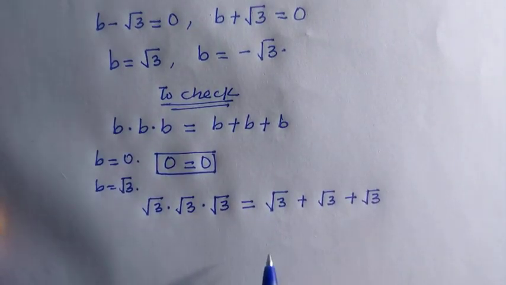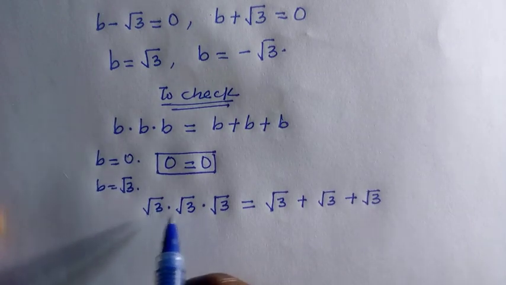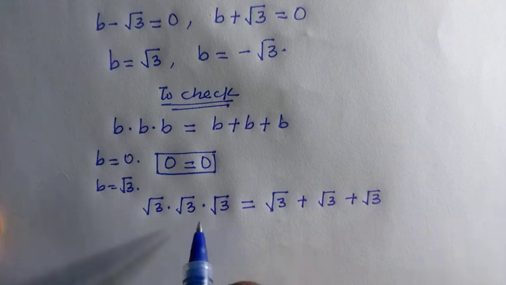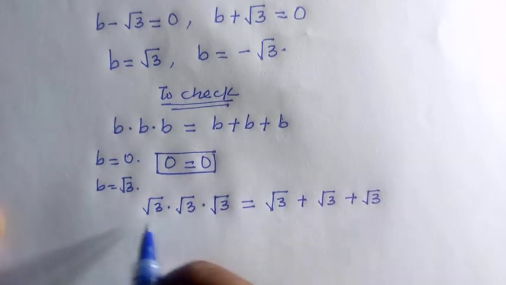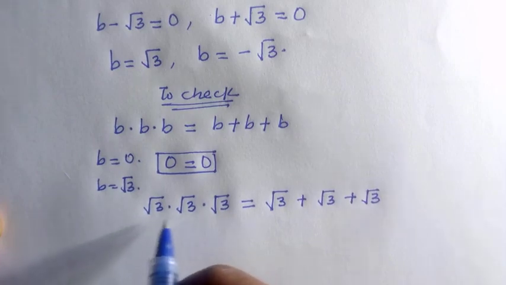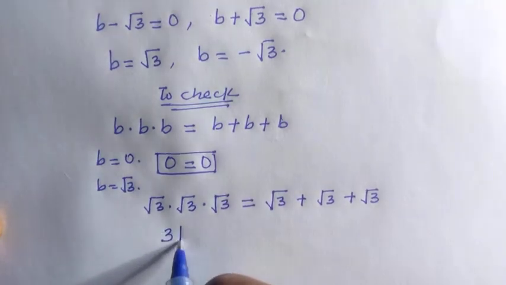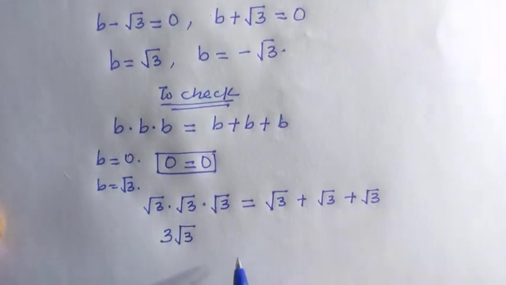So for what we have here, when we multiply root 3 by root 3 by root 3, we are going to get root 27, or we can simply rewrite this as, when we multiply root 3 by root 3, we get 3. Then here is root 3.